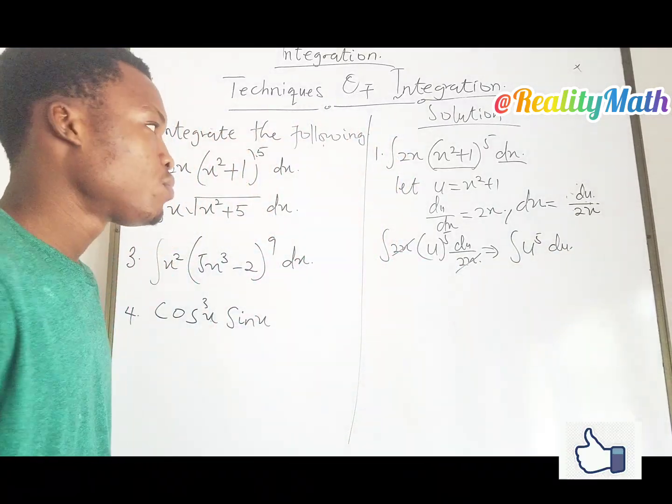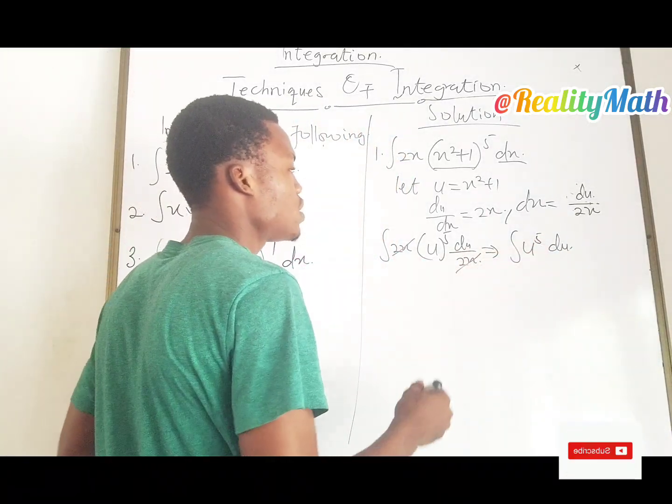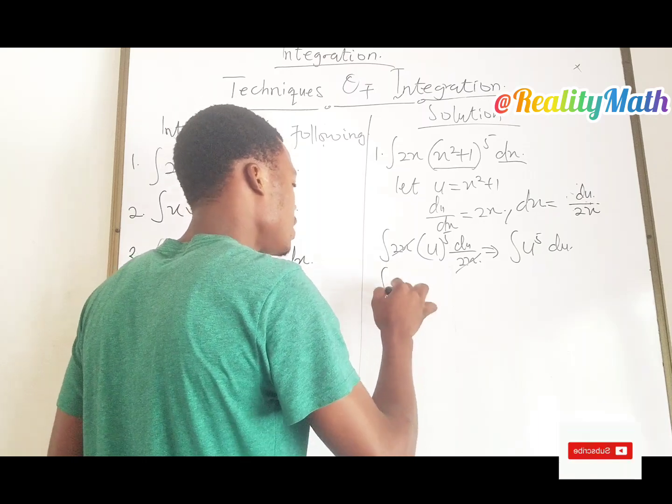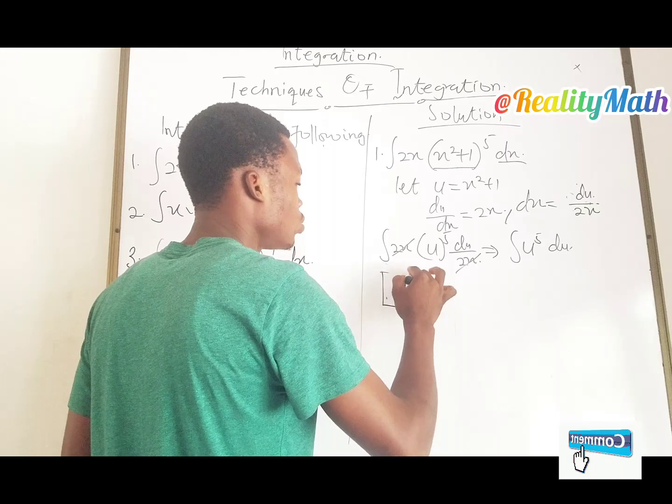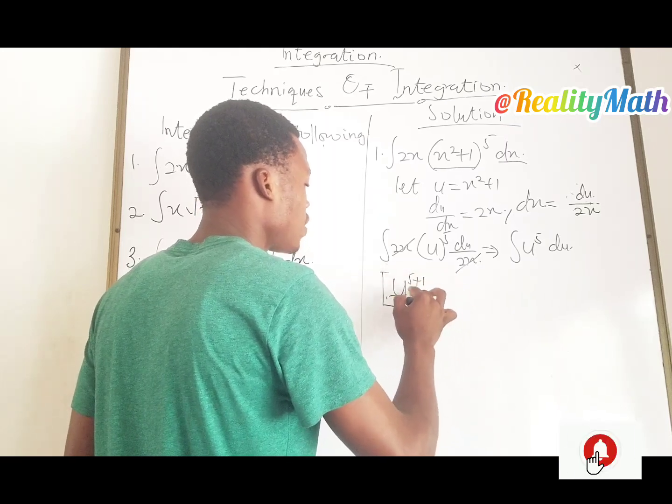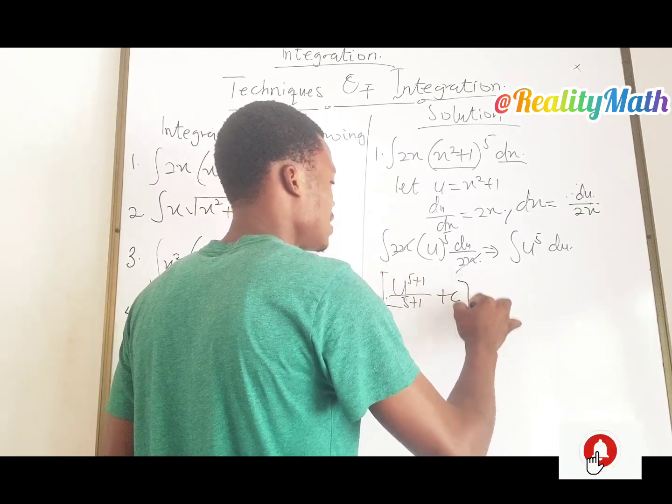If you want to integrate this, we are going to get u to the power 5 plus 1 all over 5 plus 1, plus some constant c.